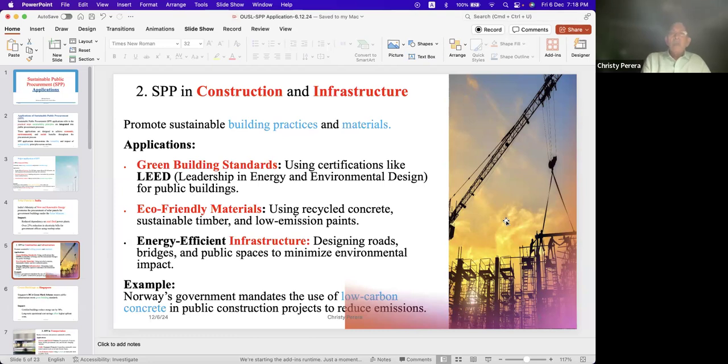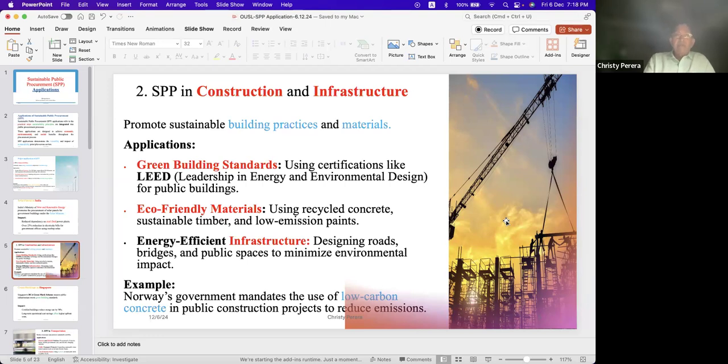So, using sustainable public procurement, it can promote sustainable building practices and materials. Building practices, contract practices, and materials.